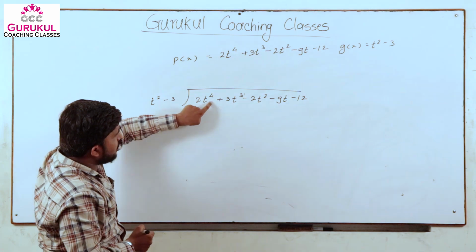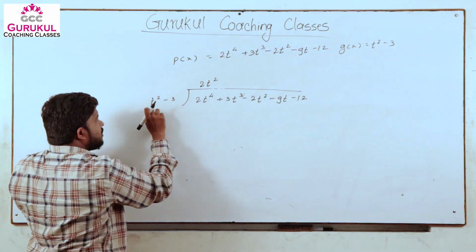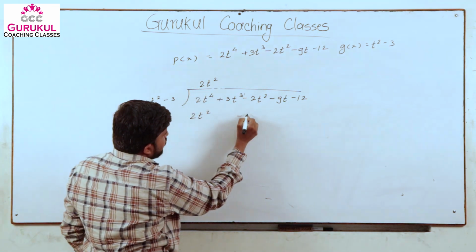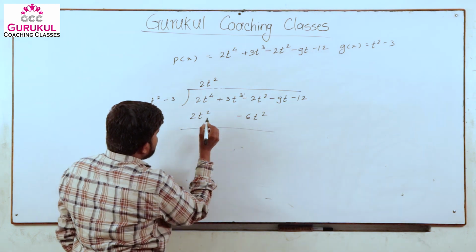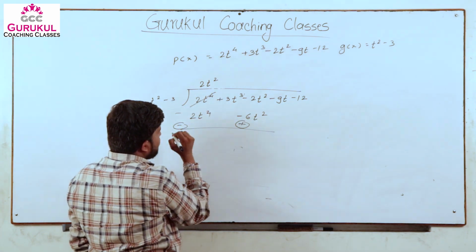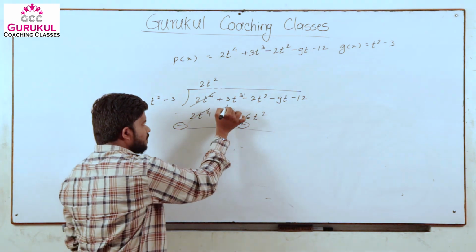We want 2t raised to 4, so multiply by 2t square. 2t square into t square is 2t raised to 4, 2 times 3 is 6, so minus 6t square. Minus plus, 2t raised to 4 minus 2t raised to 4 cancels.